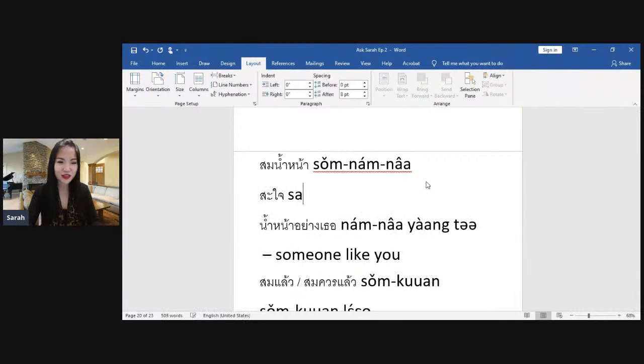Som nam na and sa jai kind of go together. I'll be like, yeah, som nam na, sa jai. It's not good, guys. We should always be forgiving people, even though they hate us.